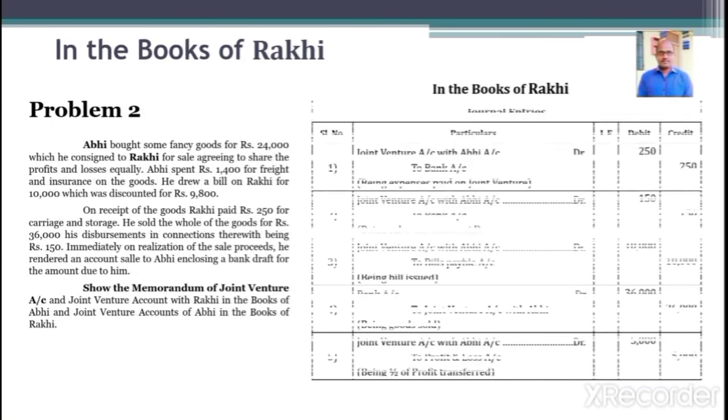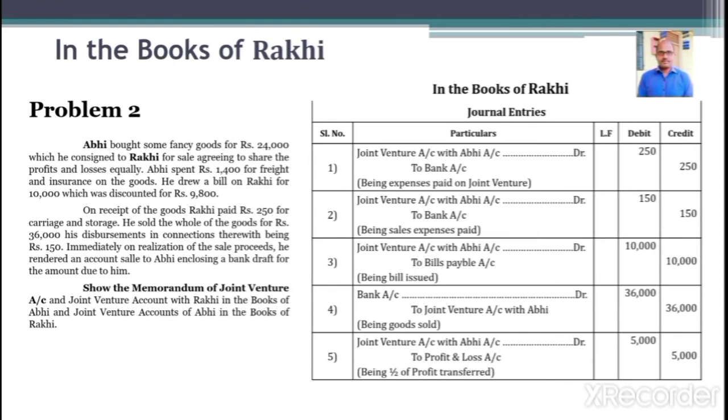So there are journal entries in the books of Raki. Joint venture account with Abhi account debit to bank account. So this is the entry for expenses incurred by Raki, 250 rupees. The next entry is joint venture account with Abhi account debit to bank account. So this is the entry for sales expenses paid rupees 150. The next entry is for bills issued.